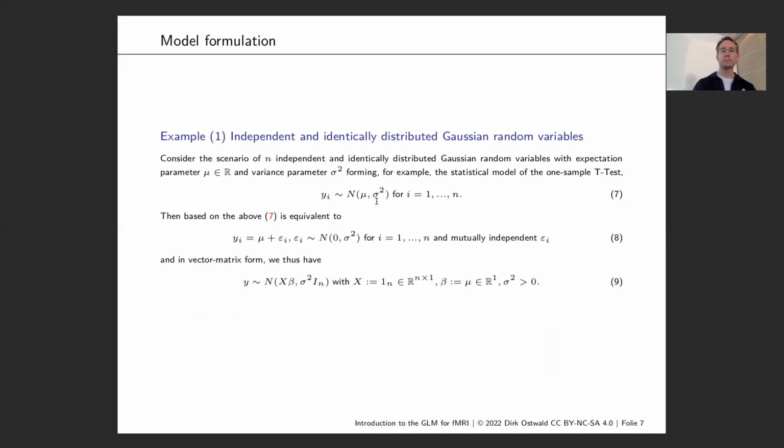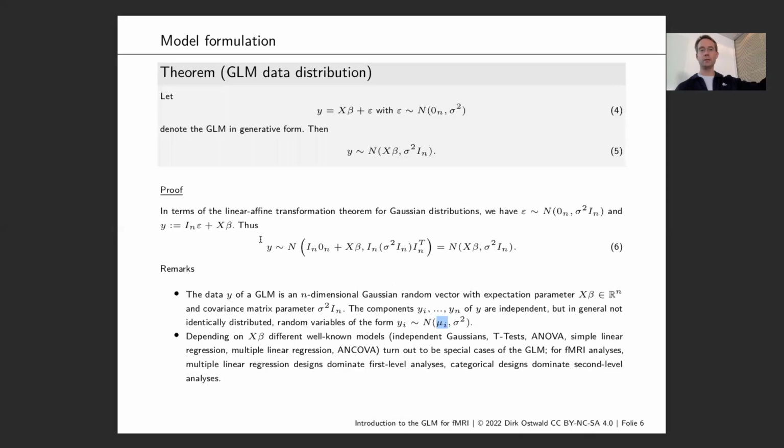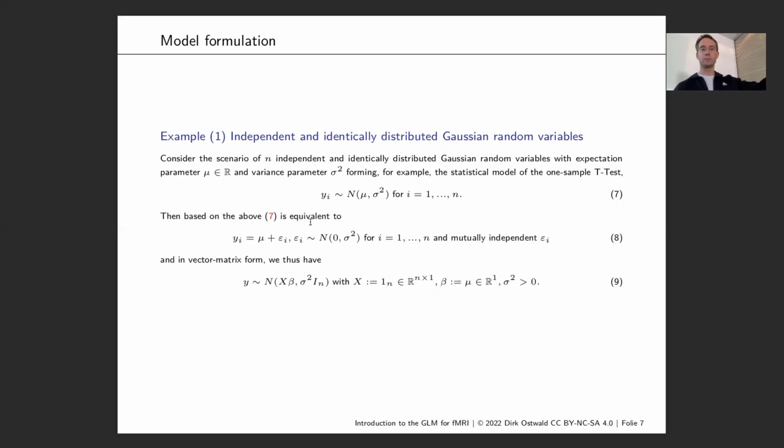We can write this based on what we have seen now with linear affine transformations. We can write this model, which says that each data point is drawn from a univariate Gaussian with expectation parameter mu and variance parameter sigma squared, so all from the same. We can write this as: each data point results from the addition of a univariate normally distributed error term centered on 0 to mu. So that's the same thing that we did here in all generality, kind of backwards.